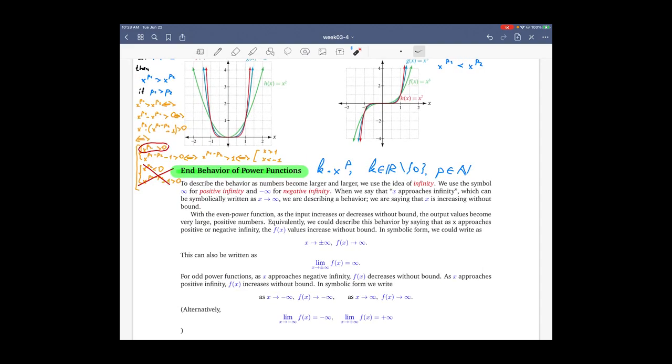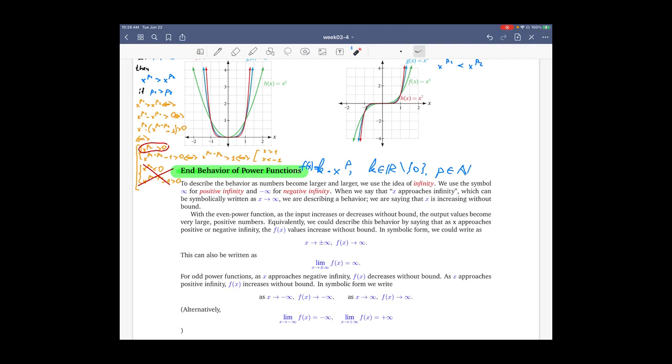Anyway, we will be interested in what happens with the expression k times x to the power p. That's our f. What happens with f? What kind of values will f take when x is allowed to grow without bounds, either in the positive direction or in the negative direction?